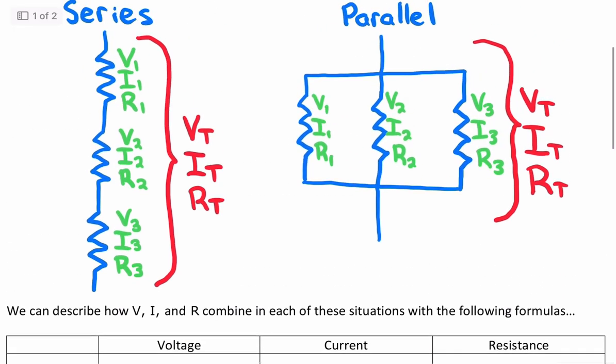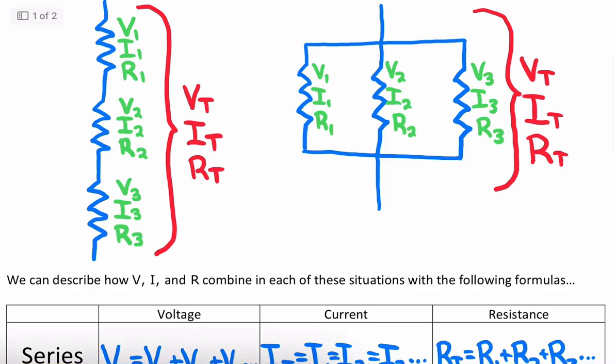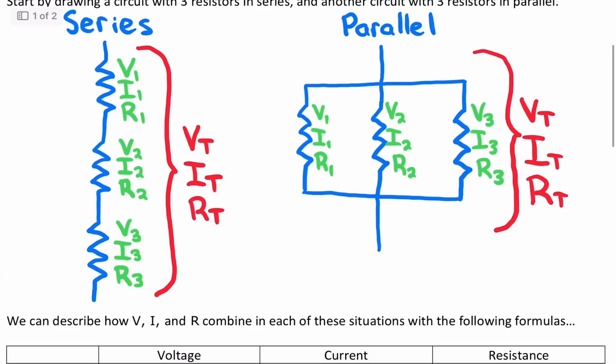Now the currents behave a bit differently. Let's say I had 10 skiers come down this way. Some of them are going to take different routes. Maybe I have 5 skiers go on this run, 3 skiers go on this run, and 2 skiers go on this run.